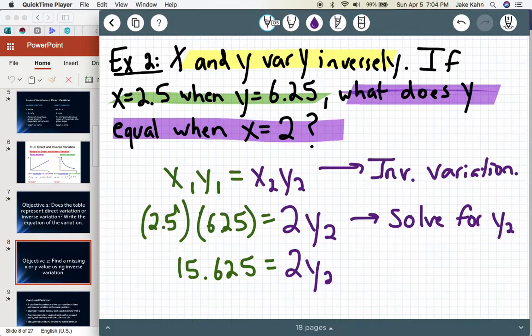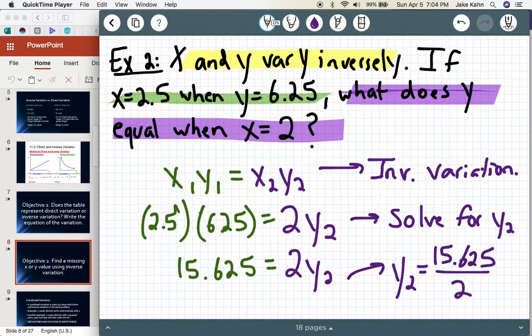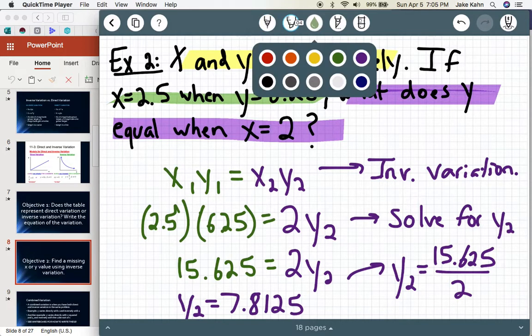Divide by 2 on both sides to solve for y2. y2 is equal to 15.625 divided by 2. Doing that in my calculator real quick, and I get 7.8125. I'm going to write that down here. y2 is equal to 7.8125. And that is my final answer.